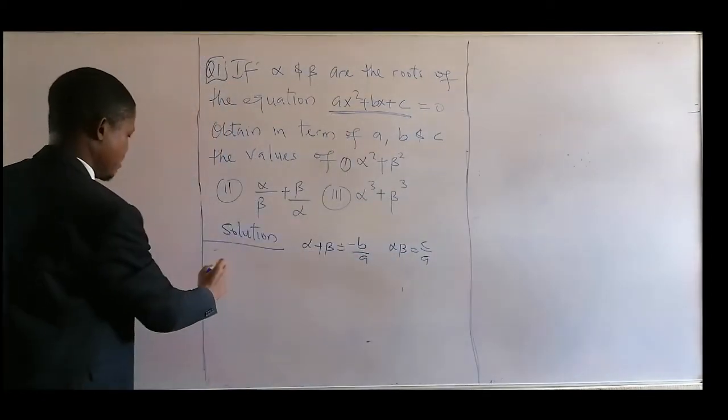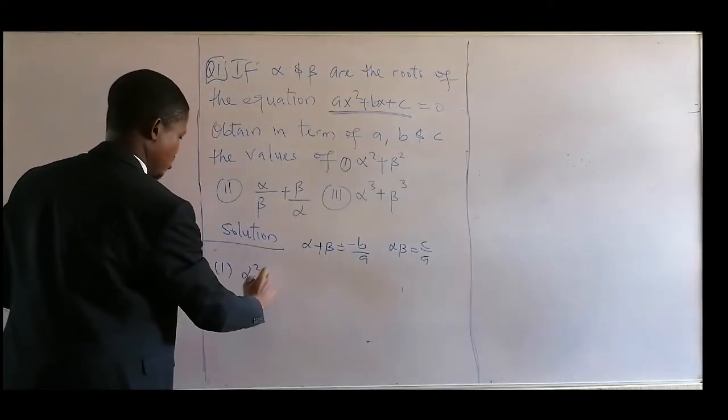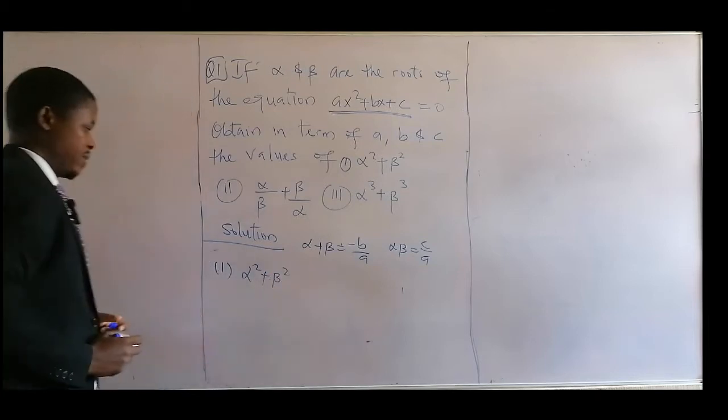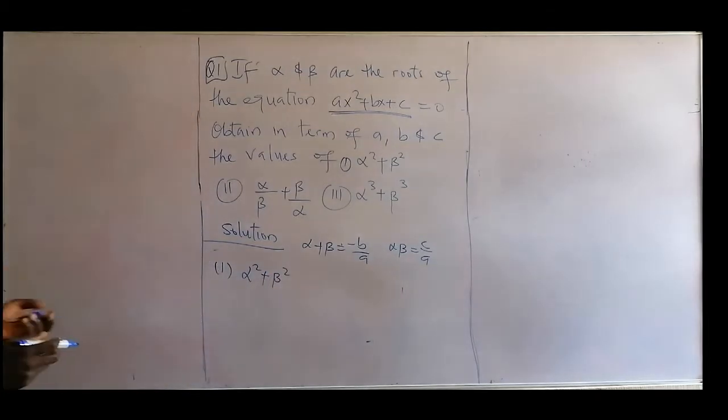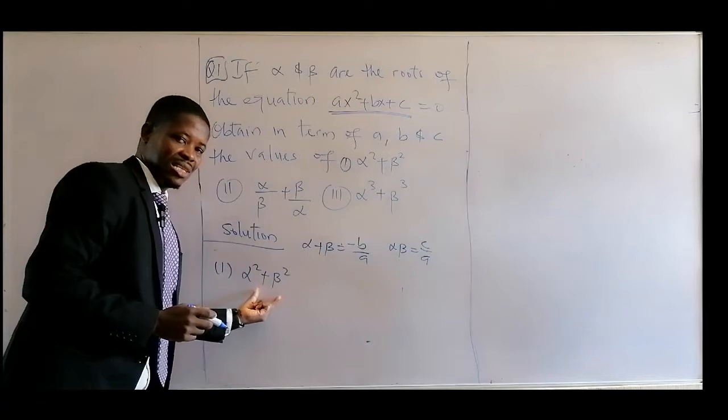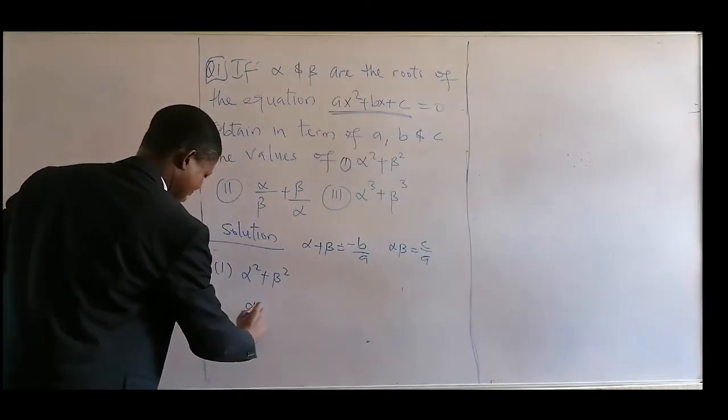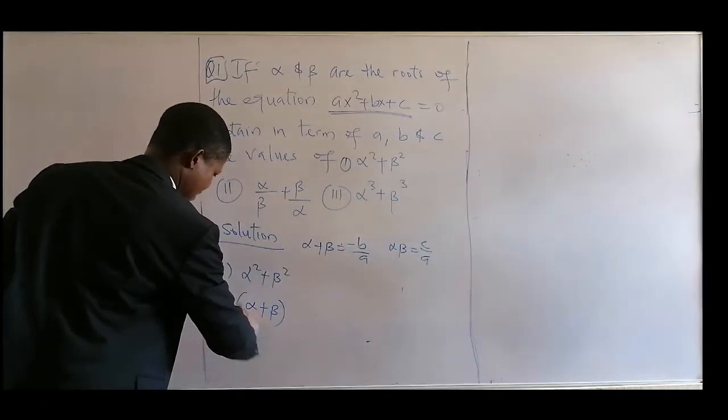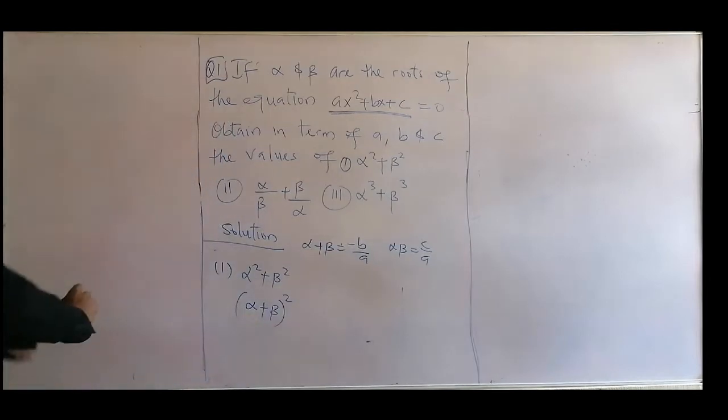So let's get to number one. Number one is alpha square plus beta square. How can I get this? I'm going to start from this expression, alpha plus beta all squared.